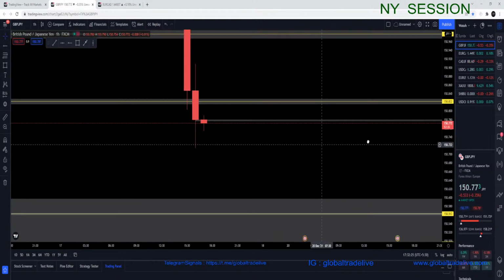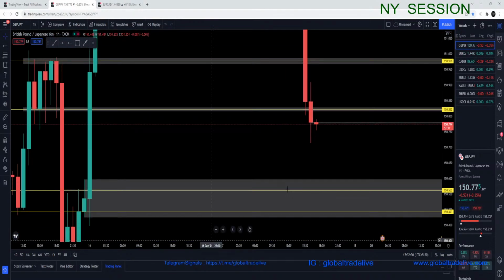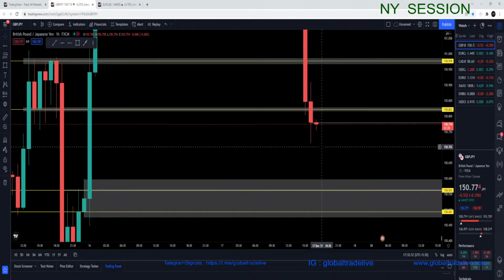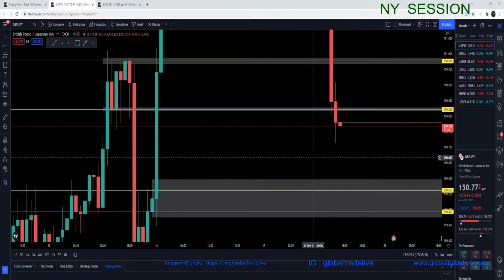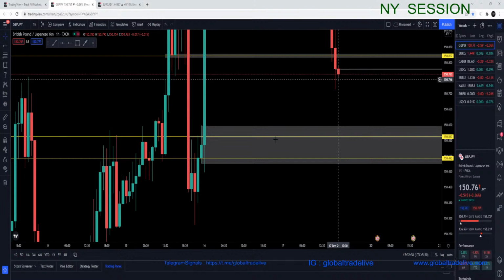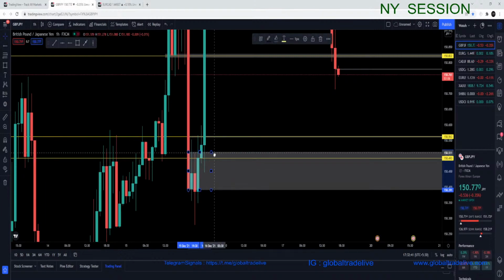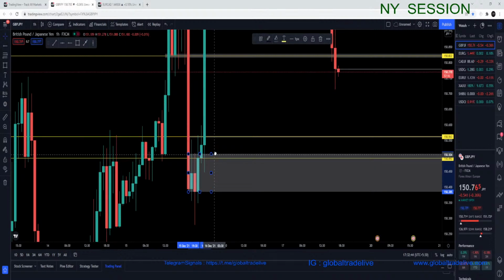So what if the current 1 hour candle breaks this low, where the market can possibly go towards? I think the market will be moving towards this area, at least according to 1 hour.